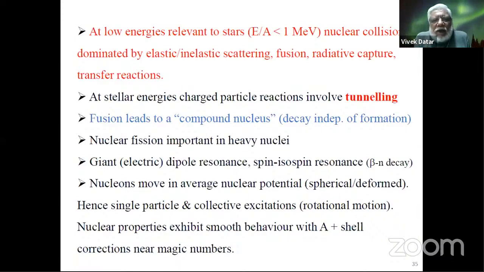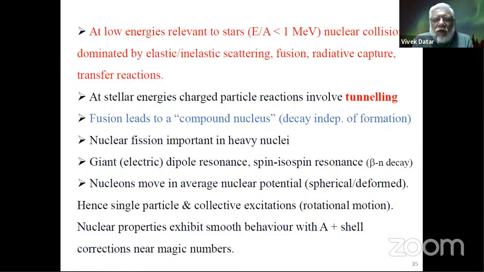The other thing to remember is that the nucleons in a nucleus move in an average nuclear potential, which could be spherical or deformed. Some of these nuclei could be spherical when they are close to so-called magic numbers, but when they are away from magic numbers or in between a set of two magic numbers, then they can be deformed. And when they are deformed, of course, they can exhibit rotational motion.